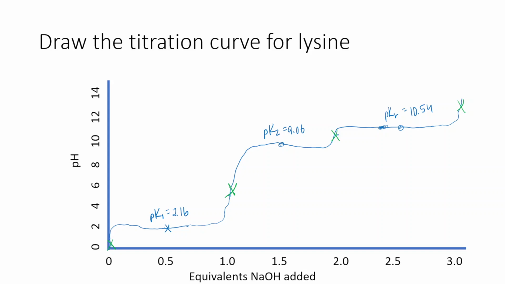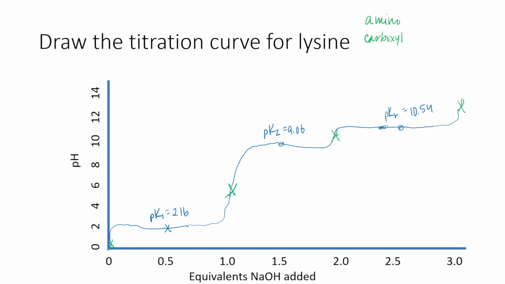So what functional groups do we have that are ionizable? We have our amino and our carboxyl, just like for any amino acid. And lysine, as you notice, has 3 pKs. It has an ionizable side chain because the side chain itself can also be protonated and deprotonated.